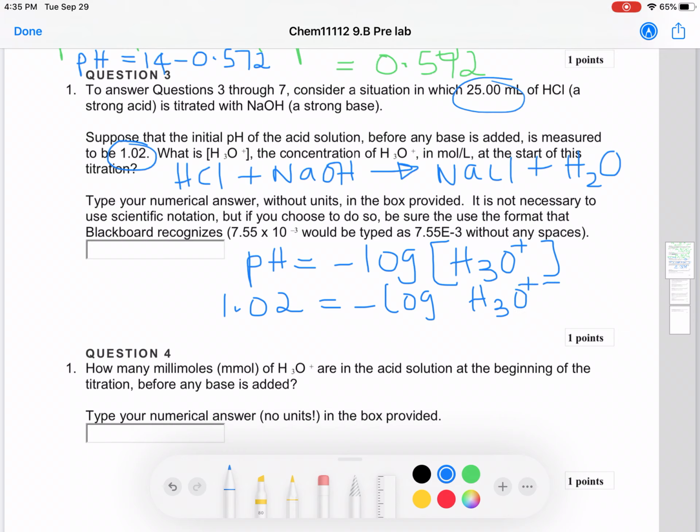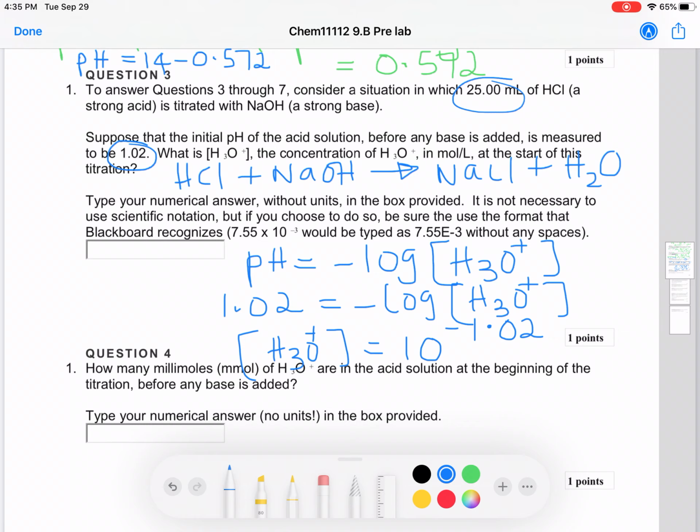So how do you calculate the hydronium ion concentration? H3O plus would then be the antilog, or you can type in 10 to the power negative 1.02, the antilog of negative 1.02.